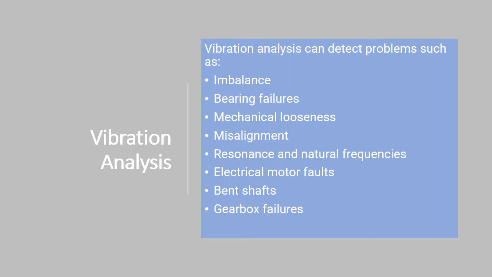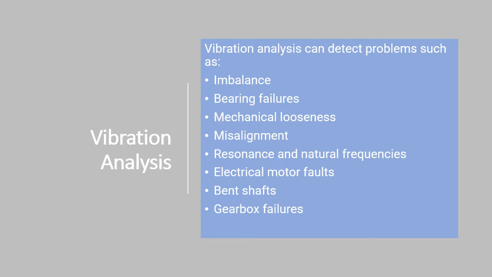During our lecture on the causes of the vibration, you can remember that we identified multiple causes through which the vibration can occur in the equipment, and all the causes that were listed there can be traced back through the vibration analysis.